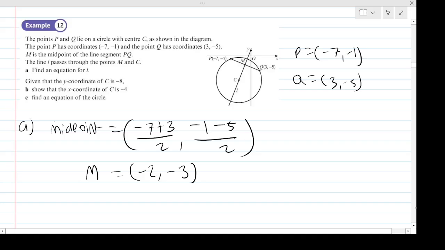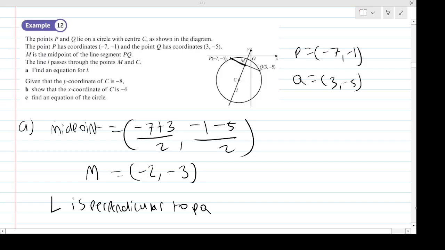So we know a point that lies on this line here. Well, we need another point, which actually we know it also goes through C. Again, that's this line here. It goes through C, but we don't know what C is. We're not given the equation of the circle. But what we should recognise is that L is going to be perpendicular to the line PQ.